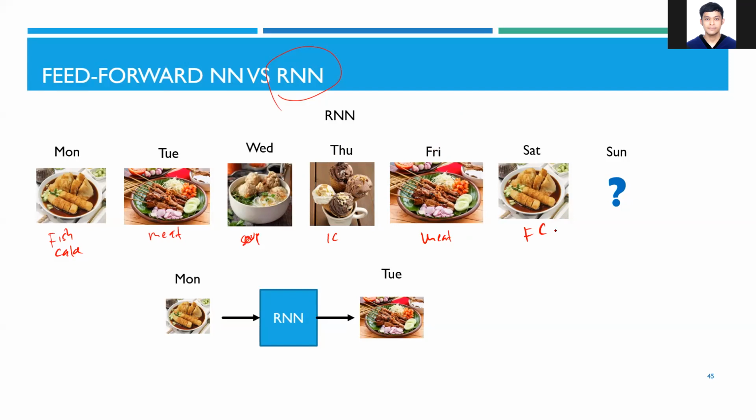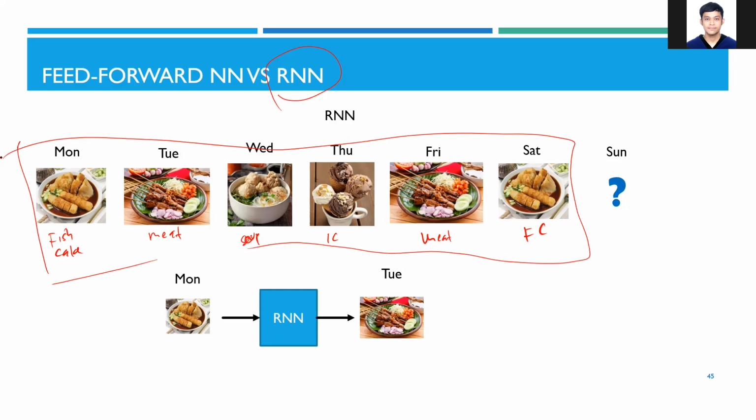Okay, so in RNN, we will guess what Dr. Yogi will eat based on what he ate before. Here we have the data, the pattern of what he eats in one week from Monday to Saturday, for example. Monday, he eats fish cake and we give this as the input into the RNN.